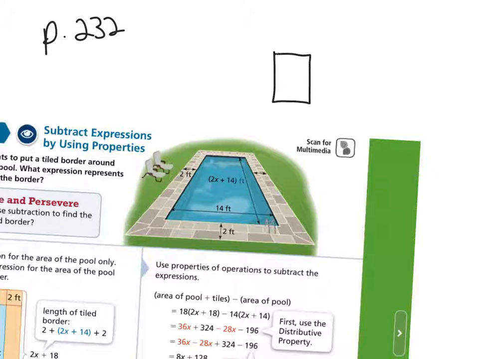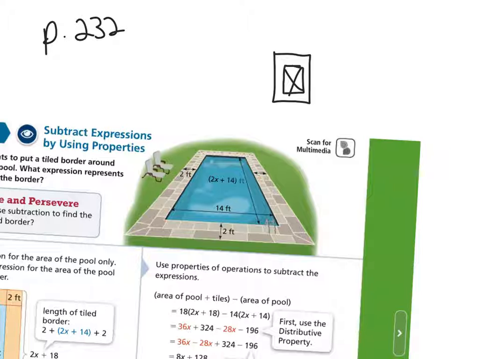We take the big rectangle, including all the way around the outside of the border, and then we subtract out the area of the pool. That's going to leave us just the area of the border.